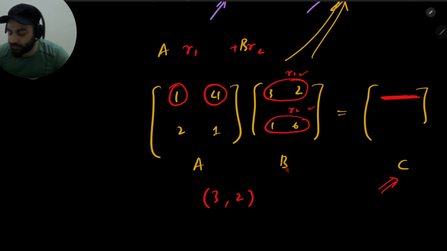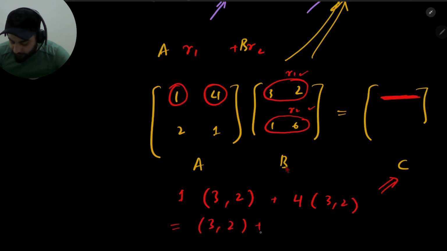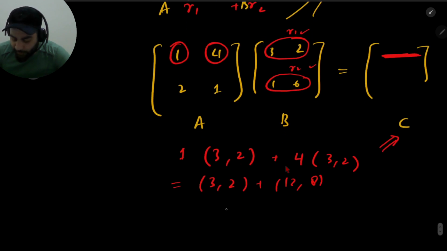That's how you get row 1 of C. You'll take 3 2 and multiply it by 1, plus 4 multiplied by 3 comma 2. So you will get 3 2 plus 12 comma 8. When you add these together, it will be 15 and 16. So 15 16 will be the first row over here.